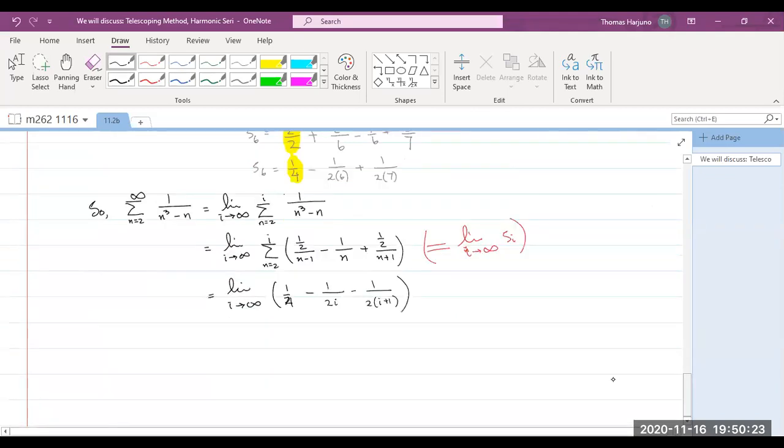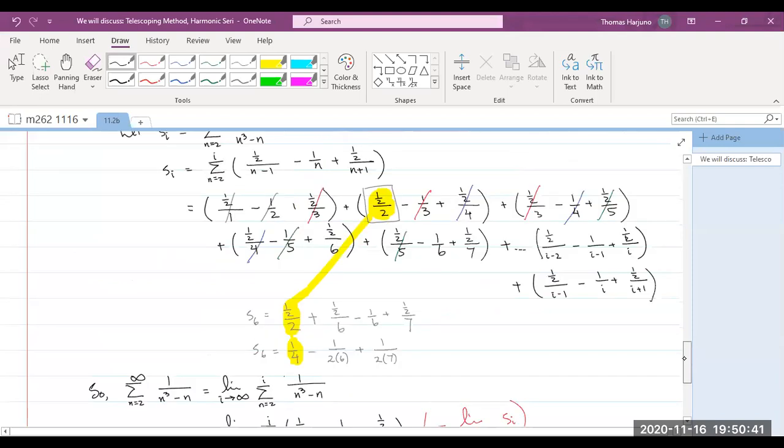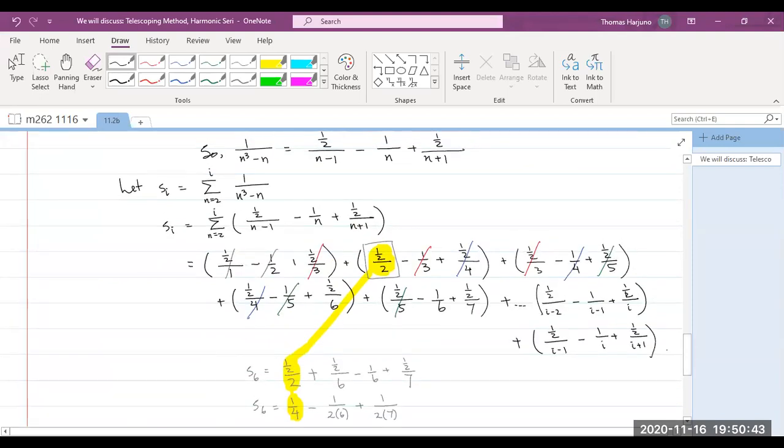And as I goes to infinity, we will get 1/4 minus 0 minus 0. So the total sum is 1/4. Okay, so the sum converges to 1/4. Now, what makes these techniques difficult is you need to actually write enough terms to be able to read the sum.